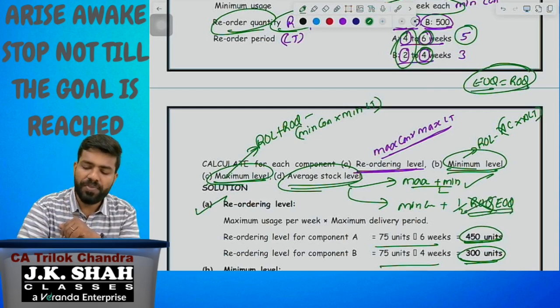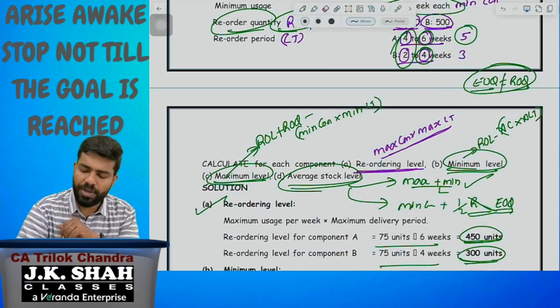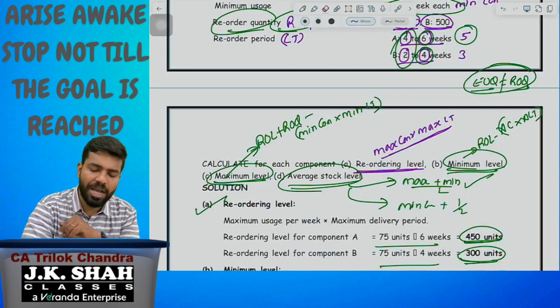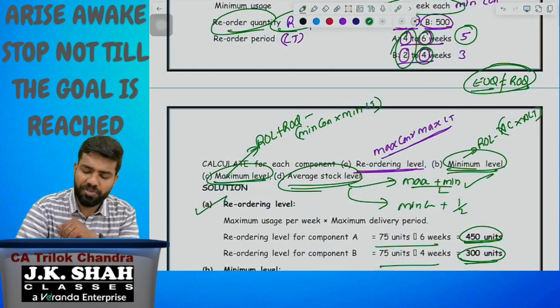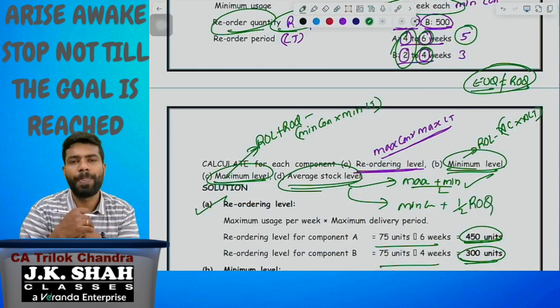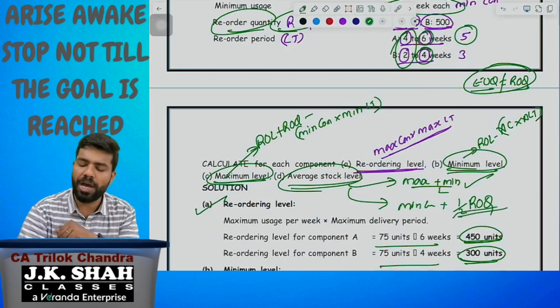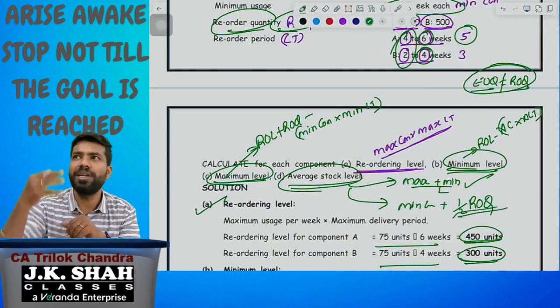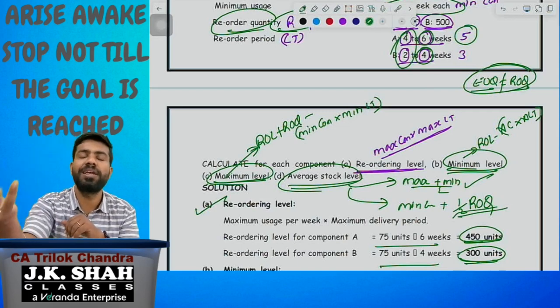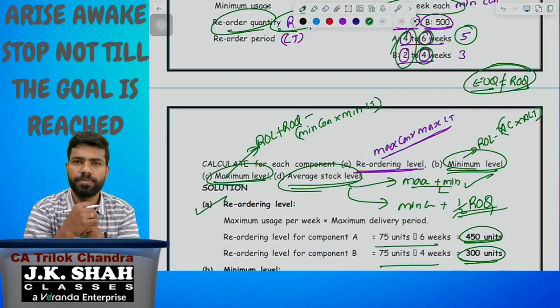But if EOQ is not equal to ROQ, then we have to use only ROQ. The actual formula is half of ROQ. How much quantity we are ordering determines the average stock.